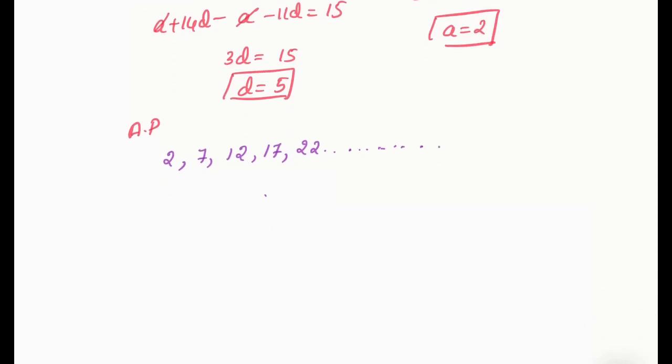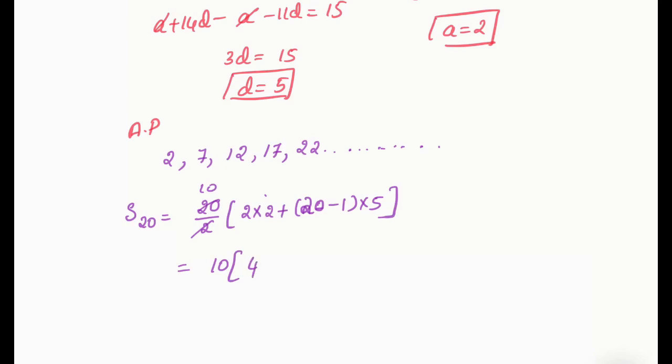Now what else is given to us? You need to find the sum of first 20 terms, that is S20. What is S20? 20 by 2 into 2a plus n minus 1 into d, that is 20 minus 1 into 5. So 10 into 2 twos are 4 plus 19 into 5.